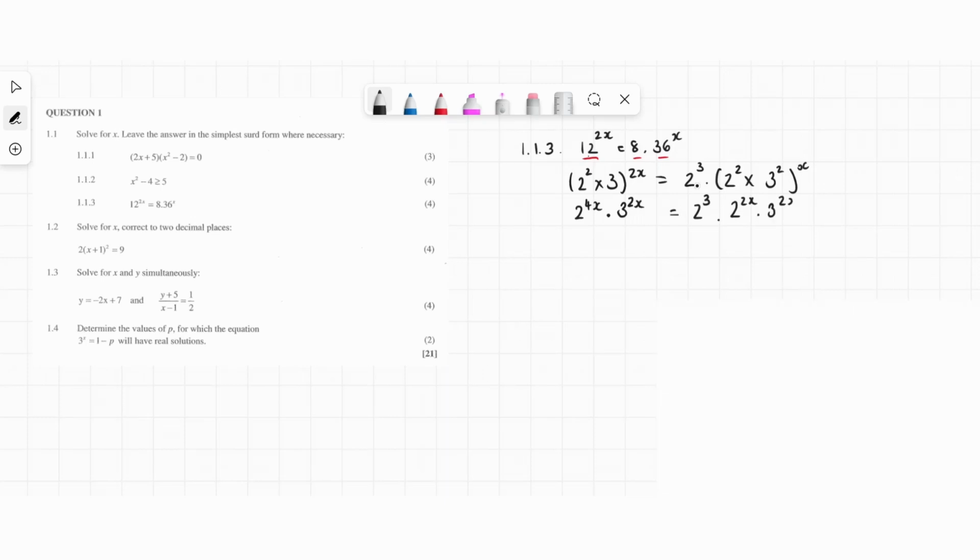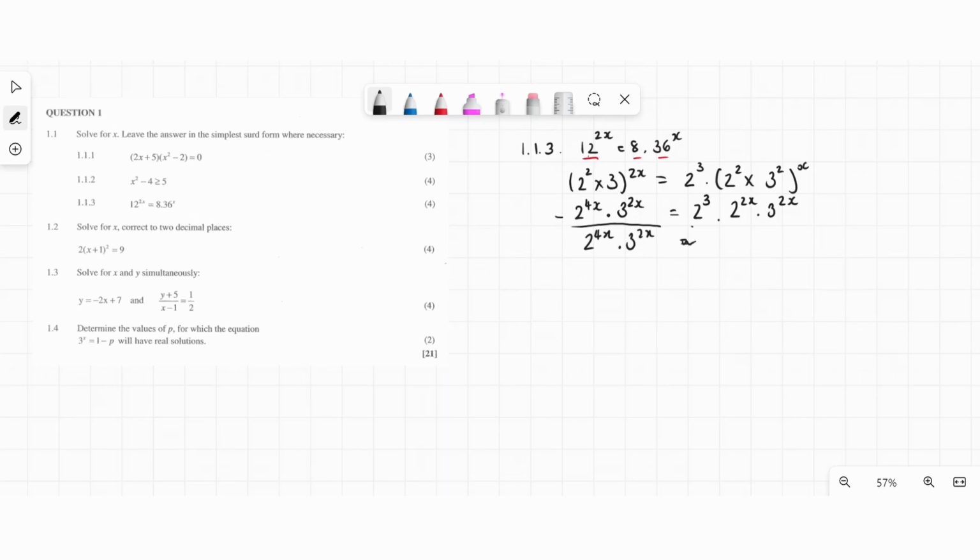So after having that, what you're going to do is divide both sides by this side. So let's do that. So I'm going to divide by 2 to the power 4x multiplied by 3 to the power 2x.